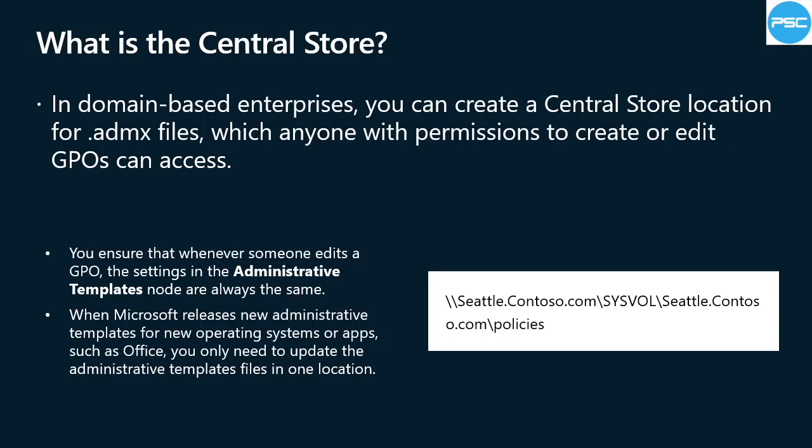To create a central store for ADMX and ADML files, create a folder and name it PolicyDefinitions in the \\FQDN\SYSVOL\FQDN\Policies location, where FQDN is the domain name for your AD DS domain. An administrator must copy all files and subfolders of the PolicyDefinitions folder, which on a Windows computer resides in the Windows folder.